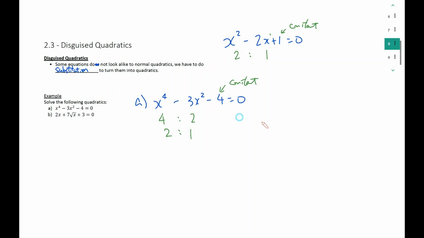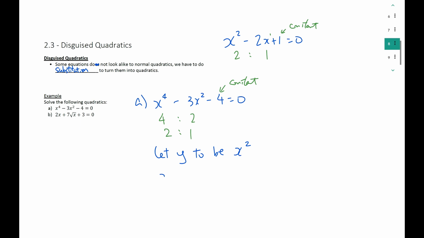So how do we do that? Well, first of all, we do substitution. We're going to let y, you can choose any other letter, your favorite letter if you have one, apart from x, because you can't use x already in here. Let y be x squared. Now, you might be thinking, why? Because x to the power 4 is the same as x squared squared.